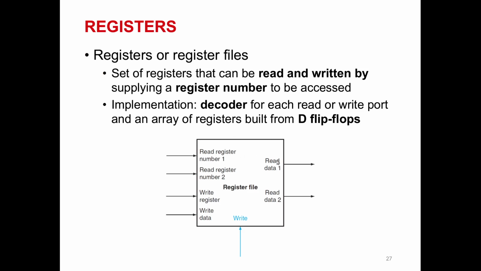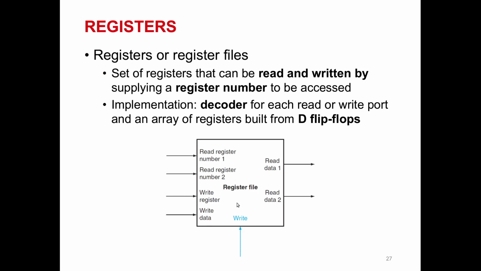For that purpose, in front of read data 1 and read data 2, we will need a multiplexer to select the output of multiple registers into them. We will have the write register, which is the register number that we need to write into, and here we have the write data.